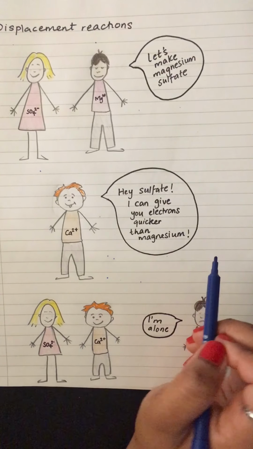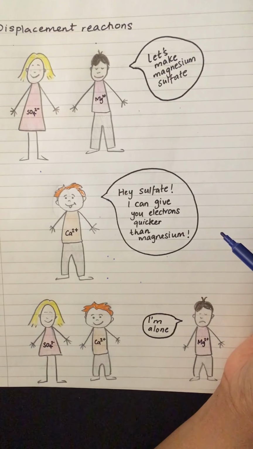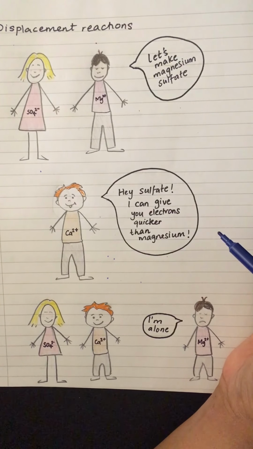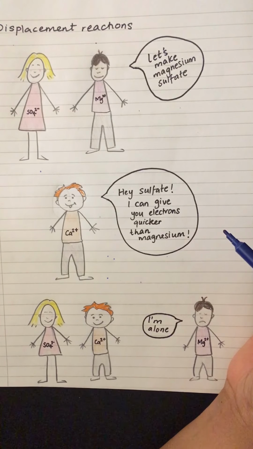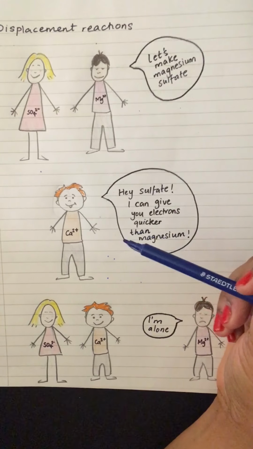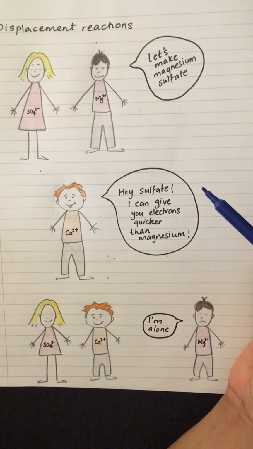Now, what we need to do at this stage is reference the reactivity series. And last lesson we said that metals that are more reactive have a greater tendency to lose electrons and form positive ions. So the quicker a metal can form a positive ion, the more reactive it is.